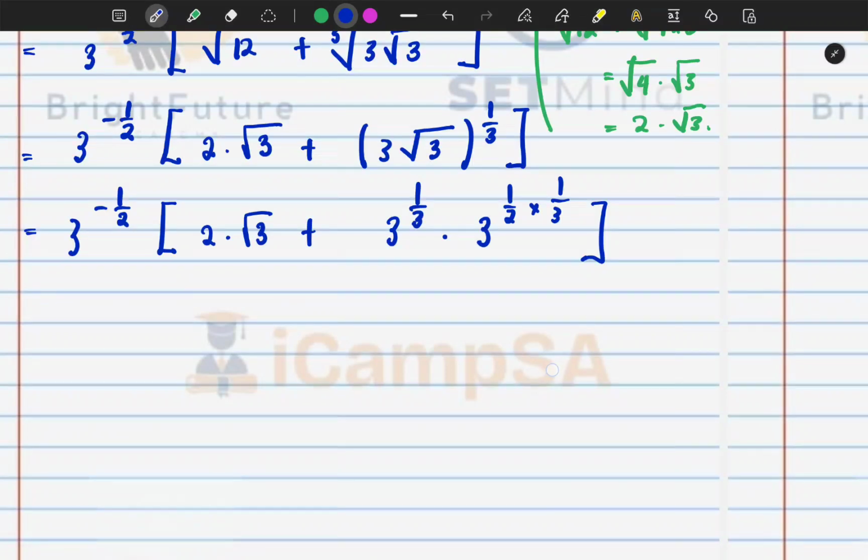Let's make everything consistent. We are going to have 3 to the power of -1/2 times 2 times 3 raised to the power of 1/2 plus 3 to the power of 1/3 times 3 to the power of 1/2, so 1/2 times 1/3 is going to be 1/6.